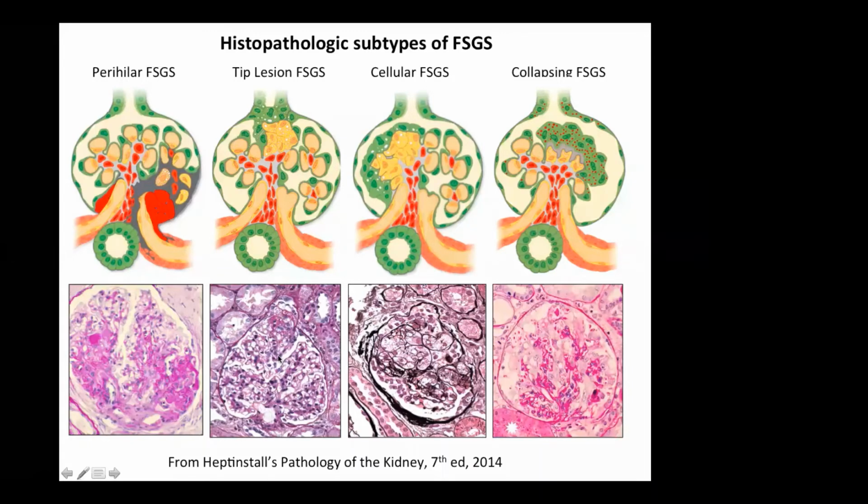But for us to call it actually a variant of tip lesion FSGS لازم يعني إحنا at least 90% of the glomeruli اللي إحنا نشوفهم على السلايد اللي فيهم FSGS يكونون of the tip lesion variant.